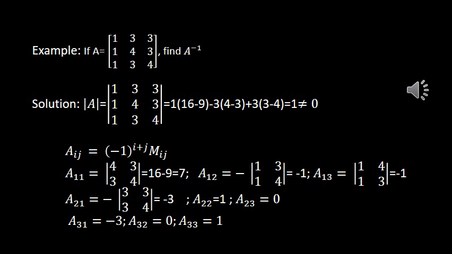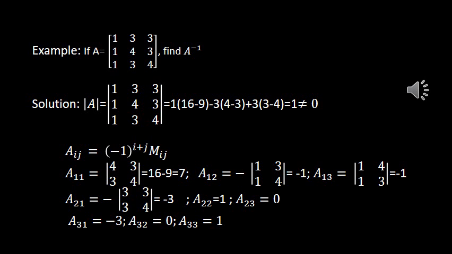For A12 the sign is negative, then the value of the determinant obtained by deleting the first row and second column, that is minus 1. For A13, 1 plus 3 is 4, then the value of the determinant obtained by deleting the first row and third column where that element exists is equal to negative 1. Then we found A21, A22, A23, A31, A32, A33.